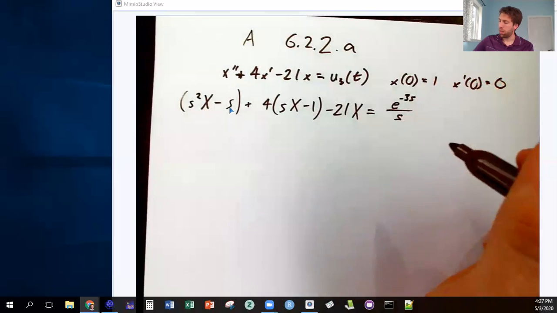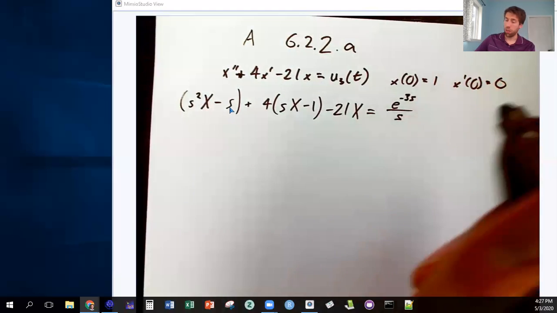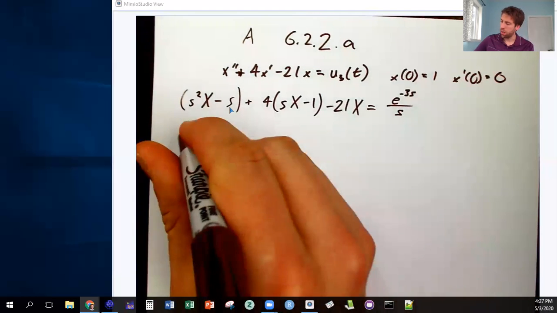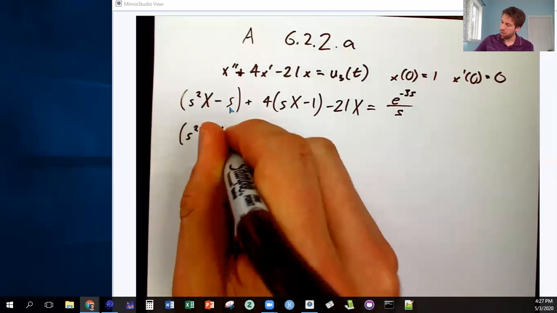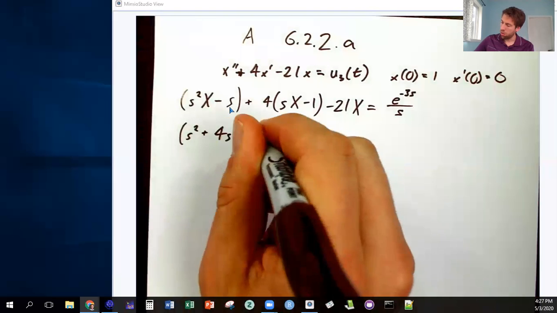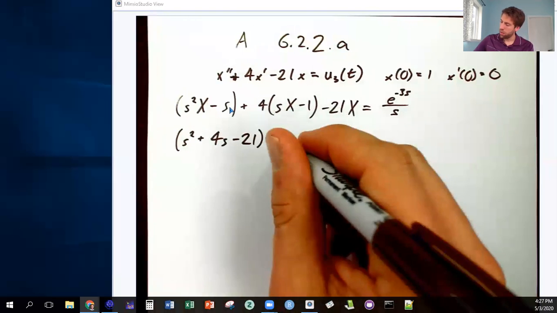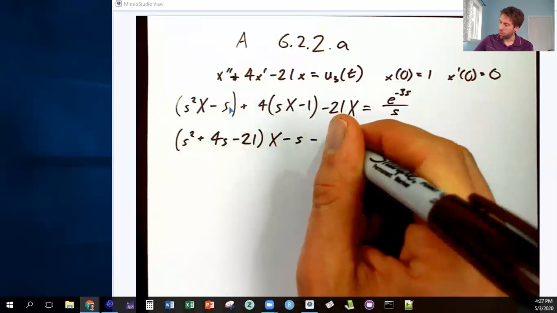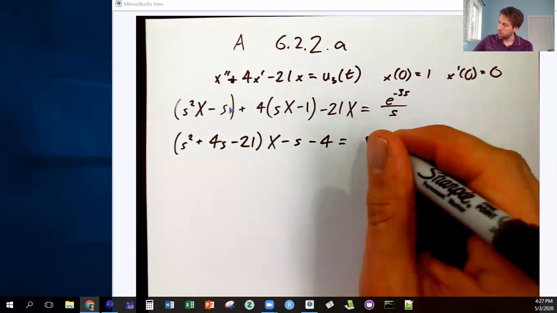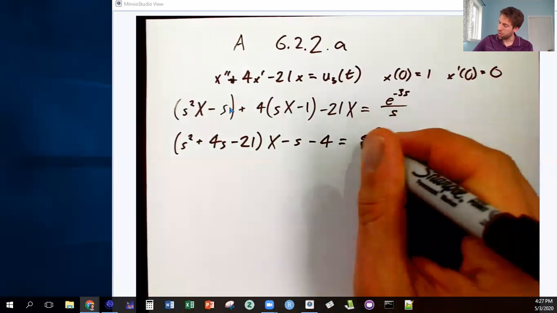Then we solve for x. So we've got s squared plus 4s minus 21 x, and then minus s minus 4 equals e to the negative 3s over s.